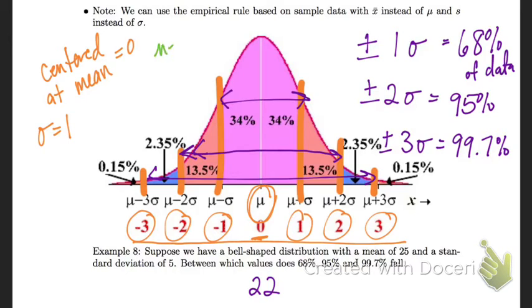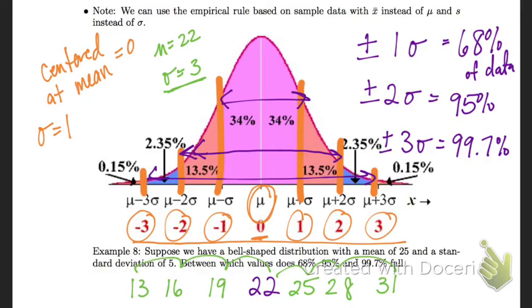Let's say, just for example's sake, that the average score is 22 and the standard deviation is 3. So I've got 22, 25, 28, 31. Then I've got 19, 16, 13. I went up by my standard deviation 3 times, and down 3 times.